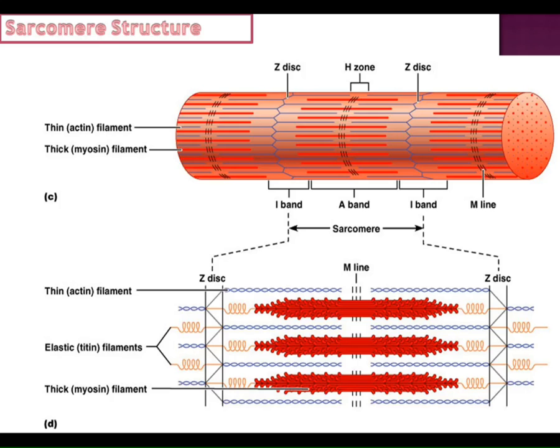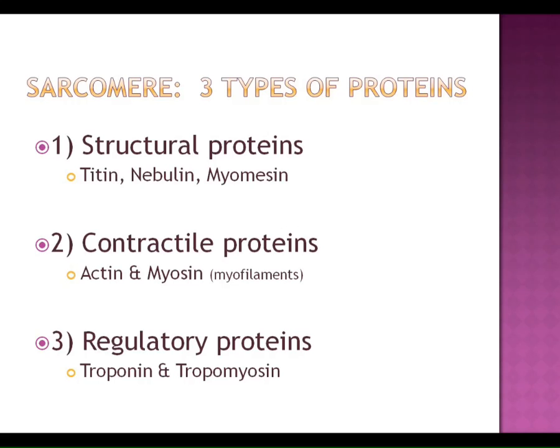So that's what we're going to see. Structural, contractile, and regulatory. The structural proteins help keep the structure of the sarcomere together. The contractile make the contraction happen, which is the actin and myosin. The stick that I showed you earlier, right? That was a contractile protein. The regulatory proteins regulate if the contraction happens or not.